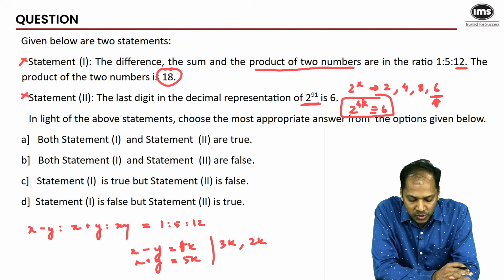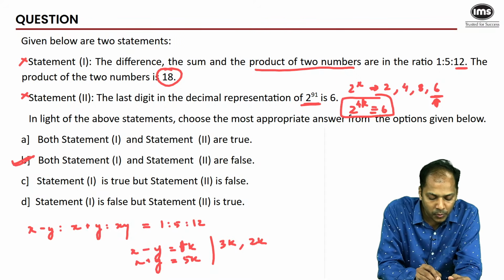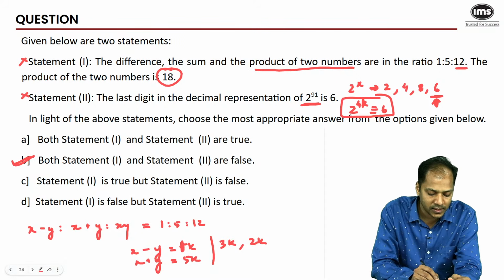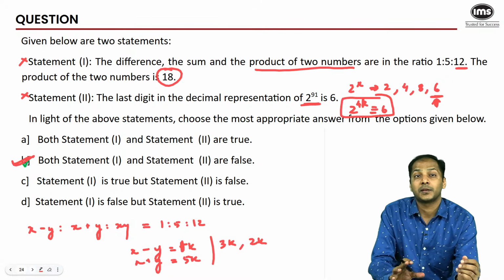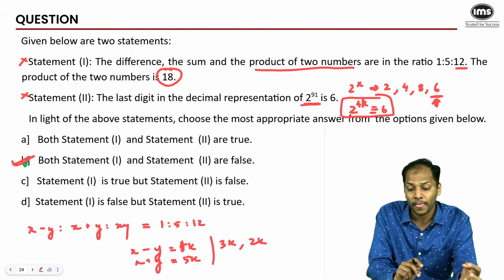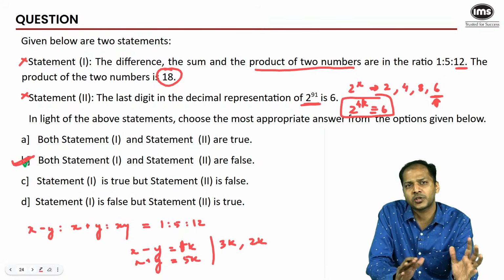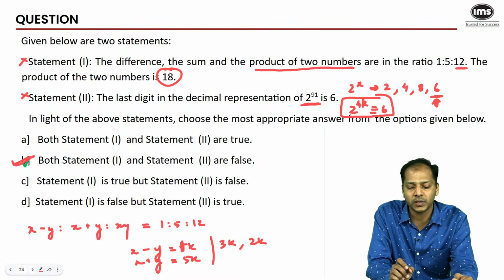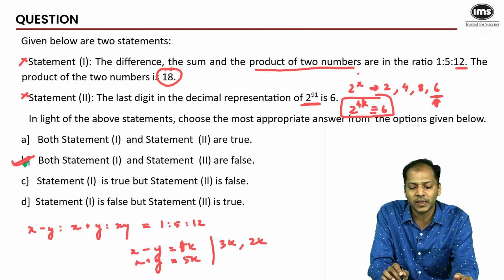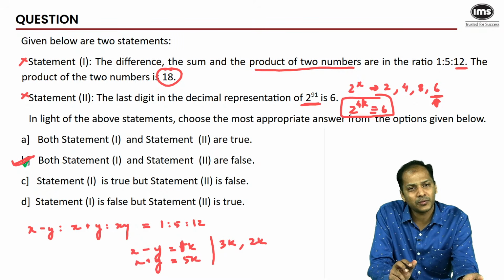Is there an option which says both statement 1 and statement 2 are false? I think the answer is option B, statement 1 as well as statement 2 being false. Sometimes, if I were quickly solving it, not teaching or explaining it, I would have directly marked option B, because when you deal with numbers and such things, we are not dealing with fractional numbers.